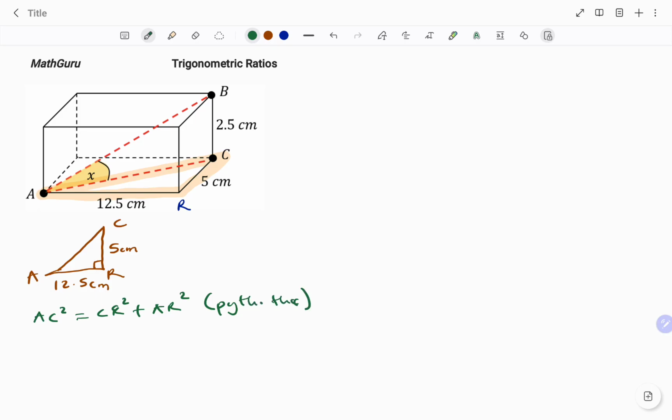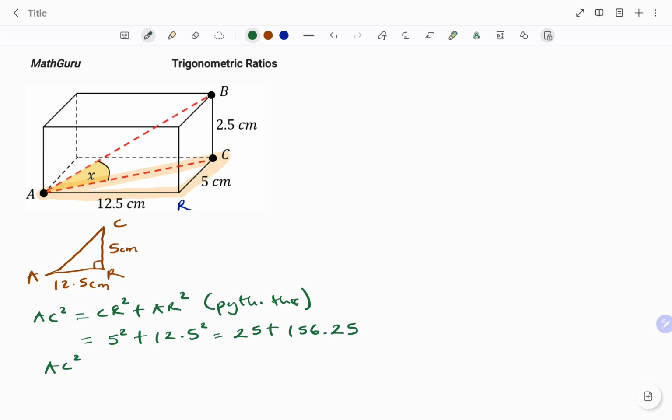So therefore, AC squared equals CR, that's 5 squared, plus AR squared, 12.5 squared. And that's going to give me 25 plus 12.5 squared, that's 156.25.